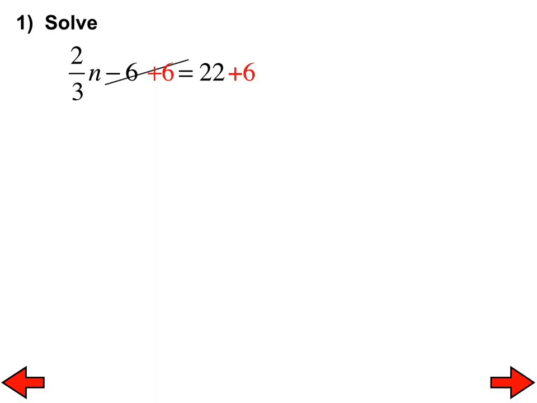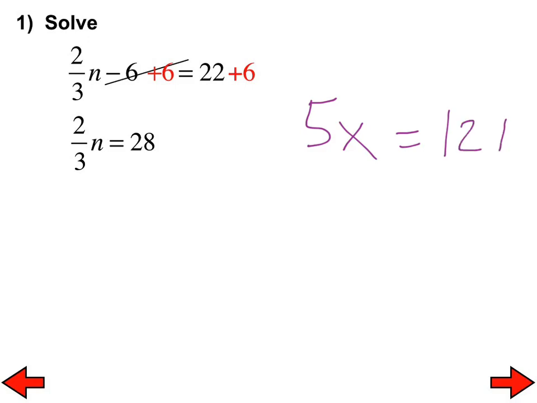And so now, on the left-hand side, I have 2/3 n, and on the right-hand side, I have 28. Now, look. When we're solving an equation like this, it's no different than if we had something like 5x equals 121.